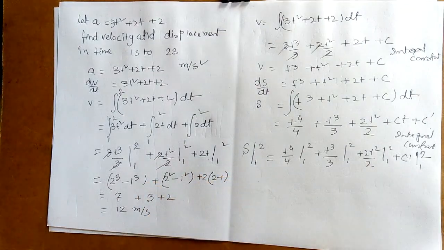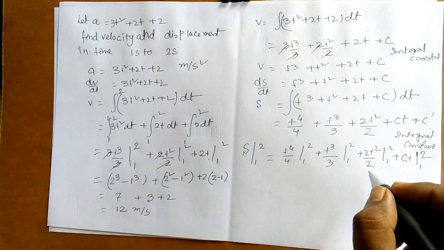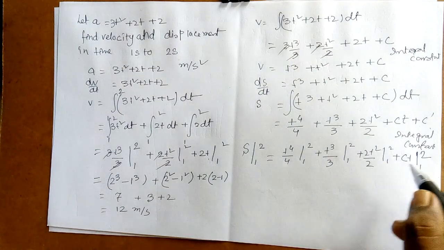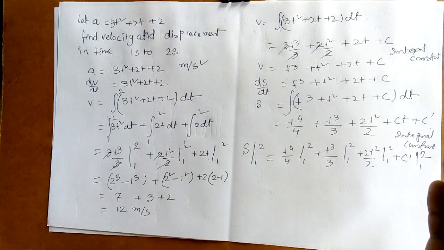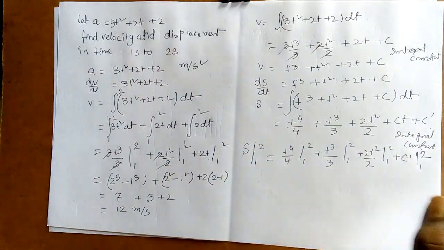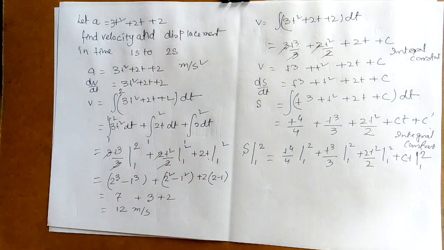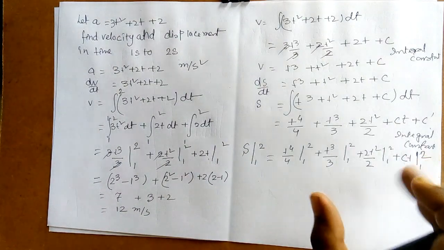But here c dash is not needed as you have given the limit. Now you might be asking, sir, what is the value of c here? We don't know the value of c, as it is a constant we have taken, so let it be just c.